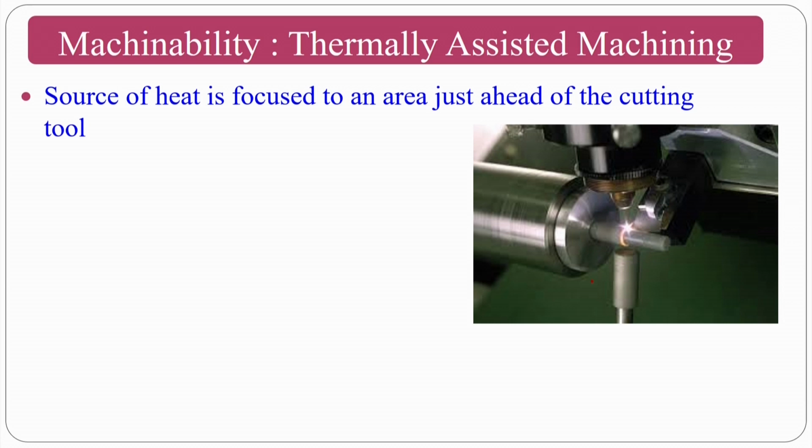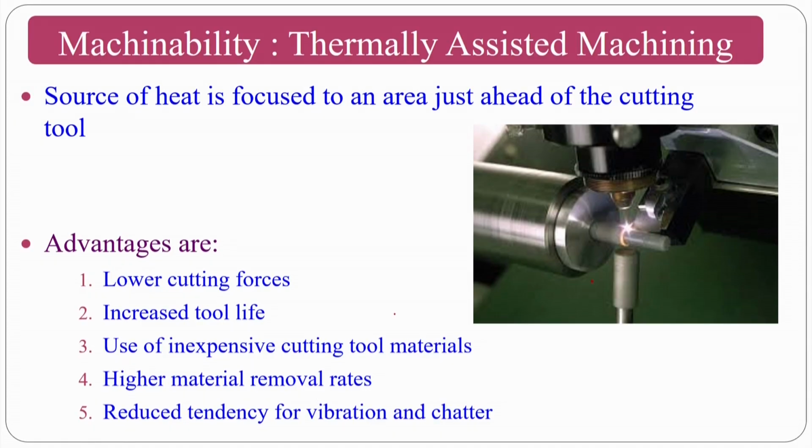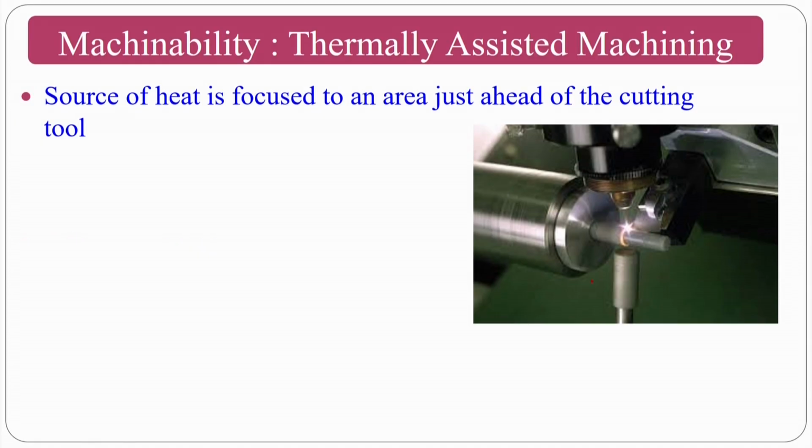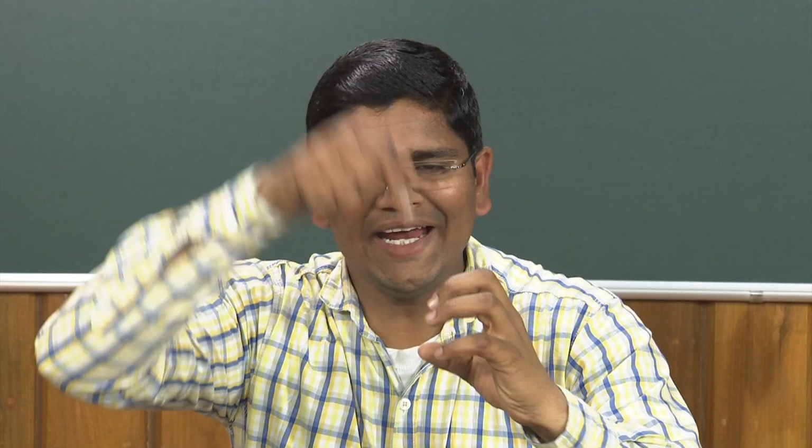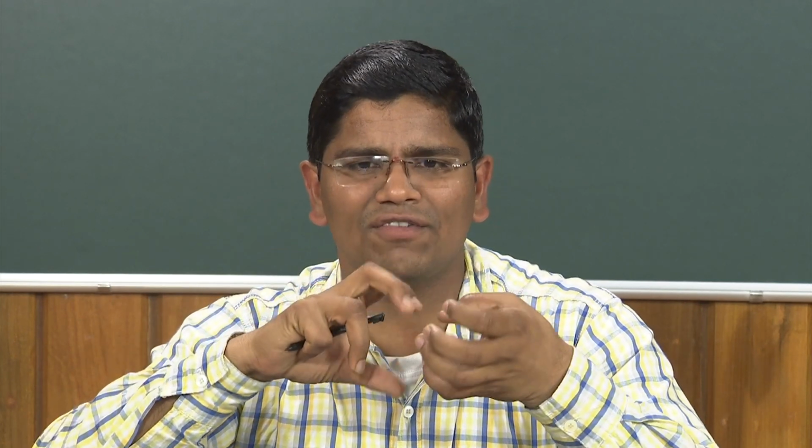So this is called ductile regime machining of brittle materials. Okay. What do you mean? Ductile regime machining of brittle materials. The material is brittle, you are heating it, bringing it into the ductile mode, making it soft. Ductile mode means making it soft. Now you are removing it.